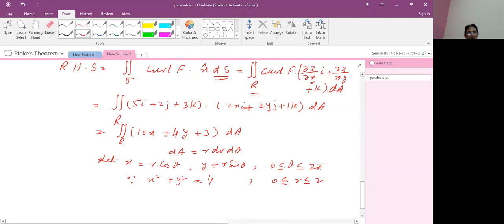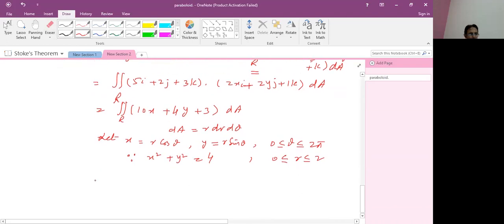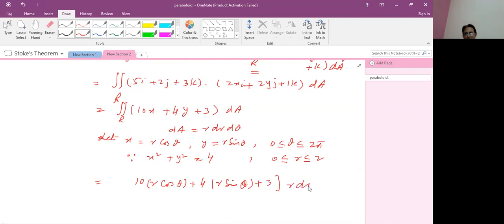So after converting into polar coordinates, r is 2. When we put in x as r cos theta and y as r sin theta, we get 10 times r cos theta plus 4 times r sin theta plus 3, into dA, which represents r dr d theta.